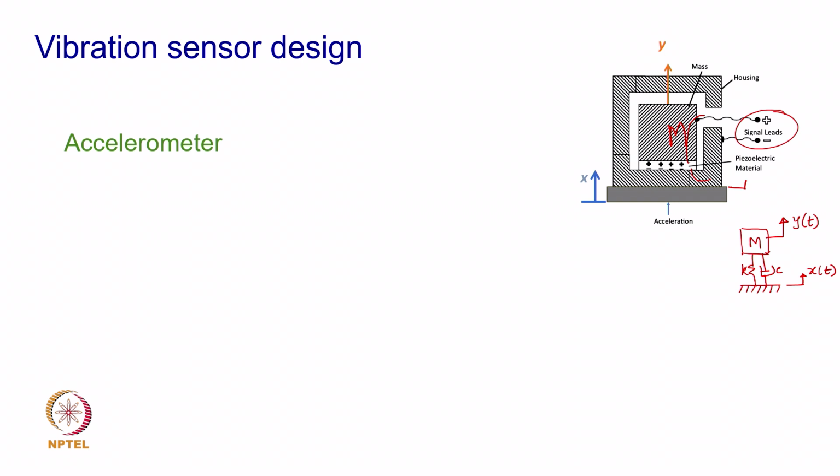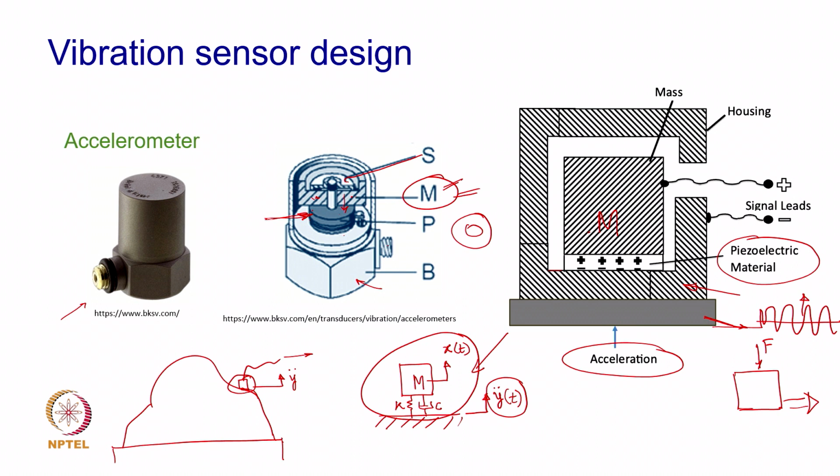This mechanical strain is given by y(t) minus x(t), the dynamic strain y minus x, and the output that you get from these leads is proportional to the amount of strain developed in the piezo disc. If I go back to this, you may notice that there is an output here. The wire actually takes that charge out from here. You can see that.